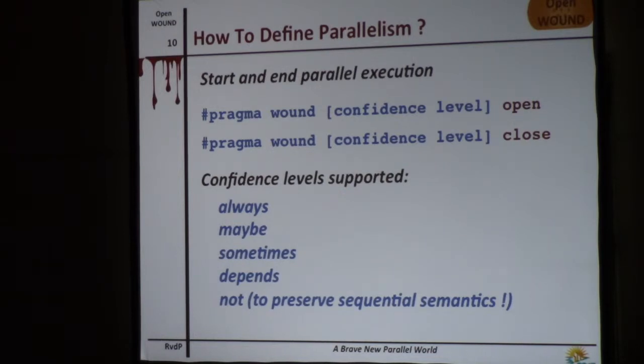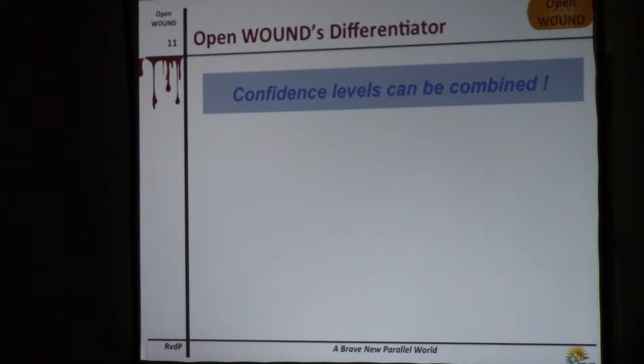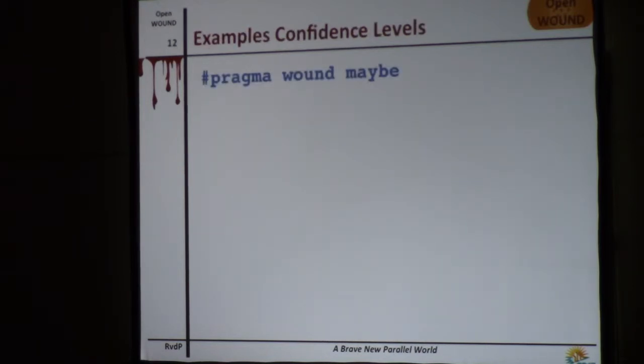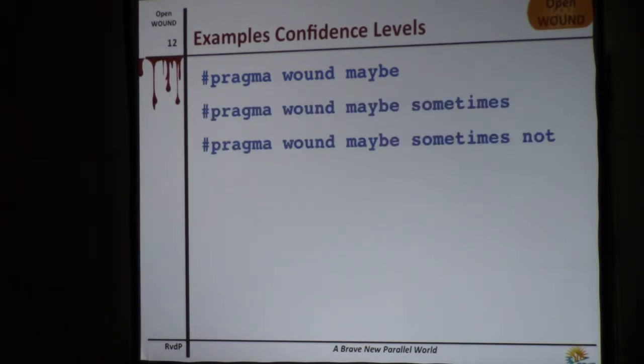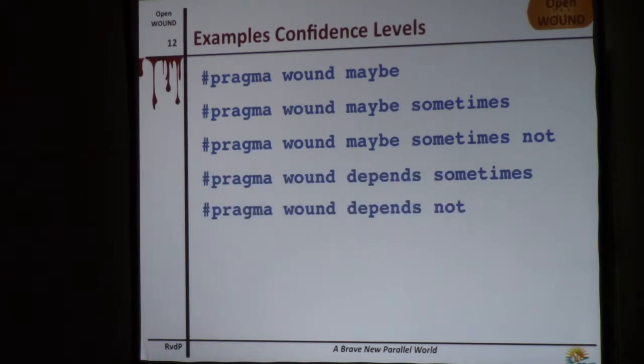Now, one of the key features, and you'll see that kind of highlighted on my slides, is the differentiator here. Obviously, you can combine the confidence levels. And that's where the power of this language really comes into shine.